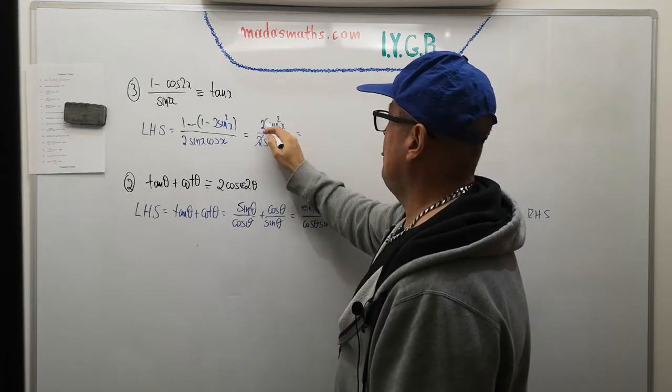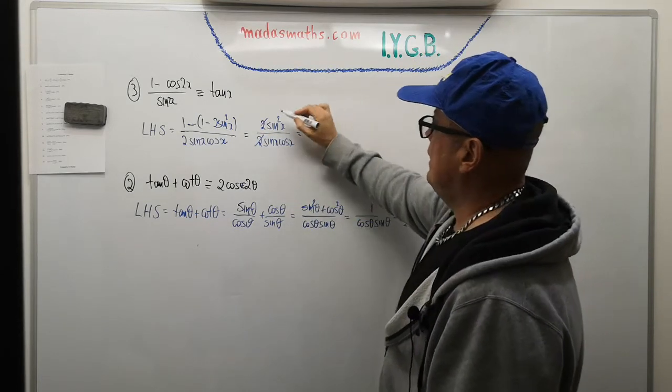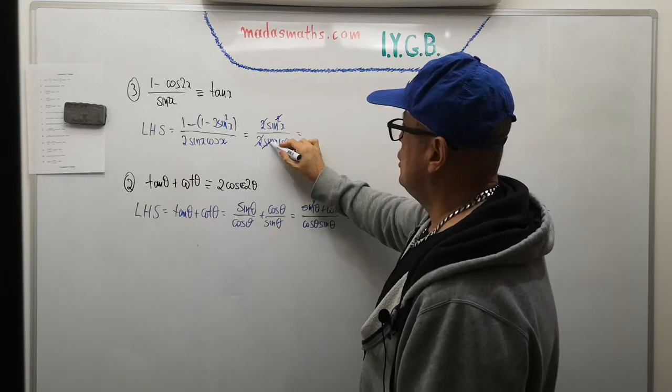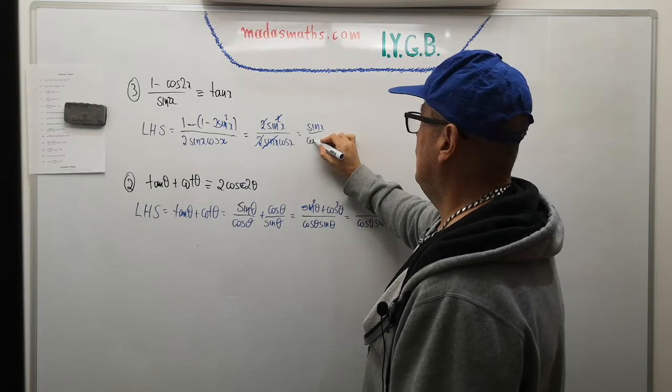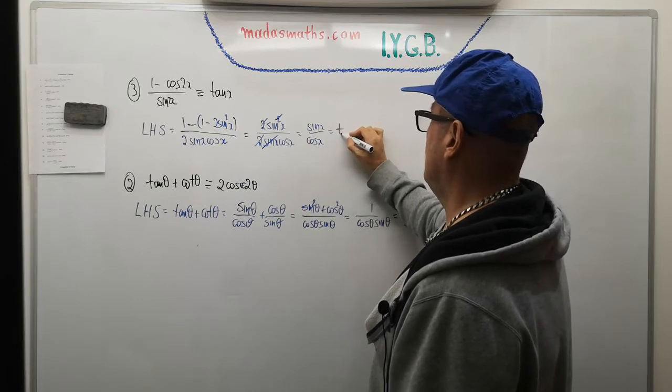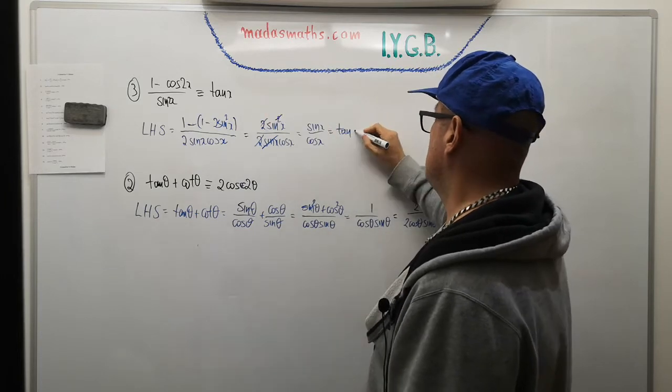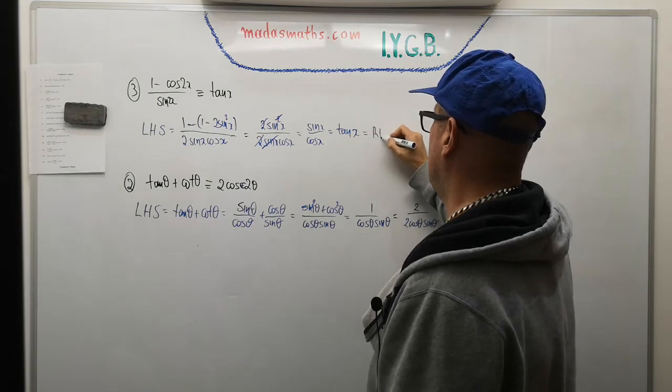The 2's will cancel. I'm also going to lose the square from there and the entire sine from the bottom, and I've got a sine x over cos x, which of course, looking at the right hand side of what I'm trying to prove, is my requirement.